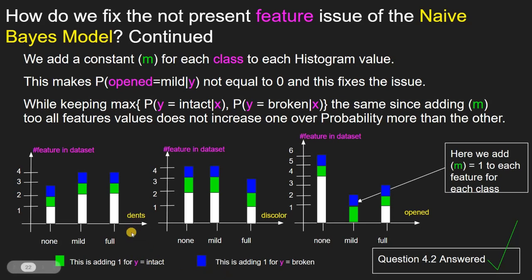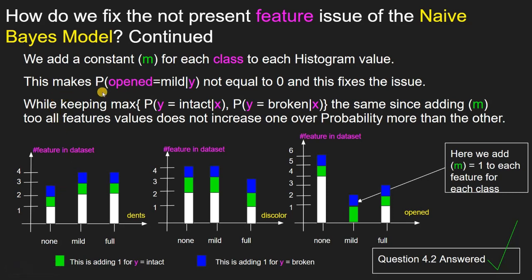So where dense is equal to none, the previous value was 1, but since we add an m, which is 1 in this case, for each class, now the number of times dense is equal to none is 1 from before, plus 1 from adding m for y equal to intact, and plus 1 from adding m for y equal to broken.